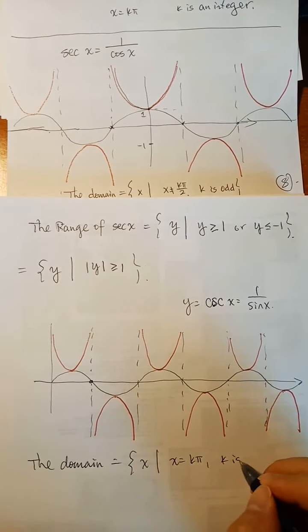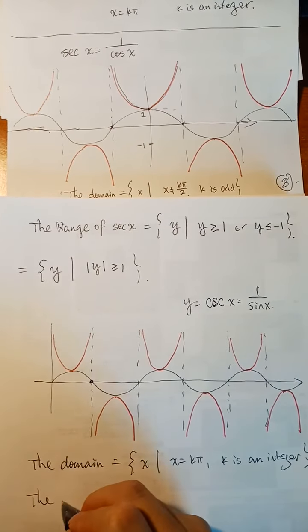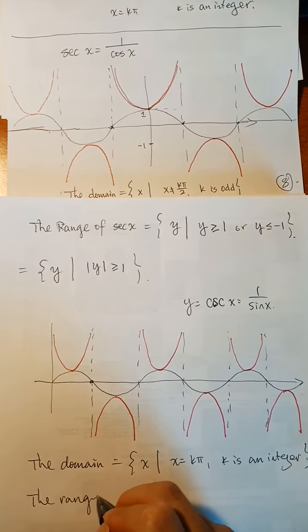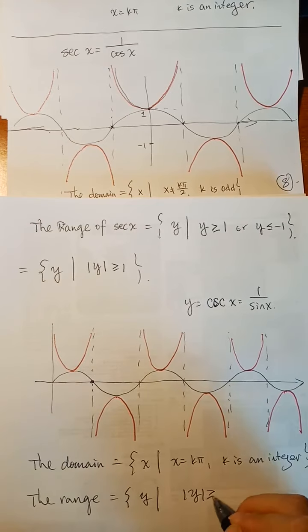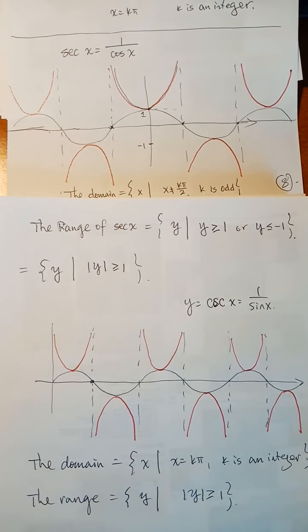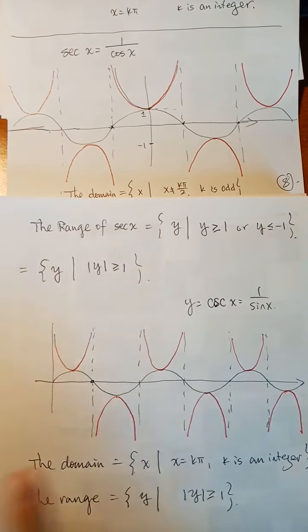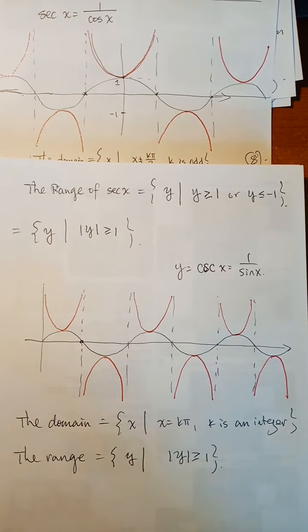K is an integer. The range is the same thing like the secant, because you flip the more or less the same curve, but with different places. Okay, so this is the domain and the range.